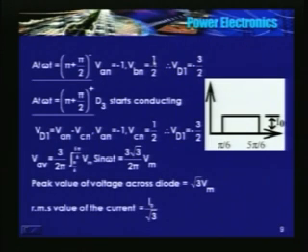So the voltage is at -3/2, because at pi plus pi by 2 plus D3 starts conducting. The moment D3 starts conducting, the voltage is now VAN minus VCN. So prior to this instant, phase B was conducting, and the voltage is VAN minus VBN.